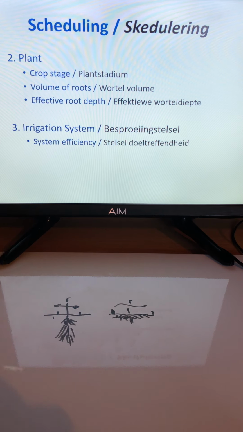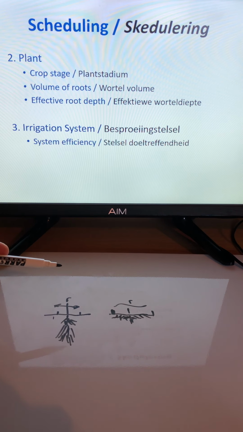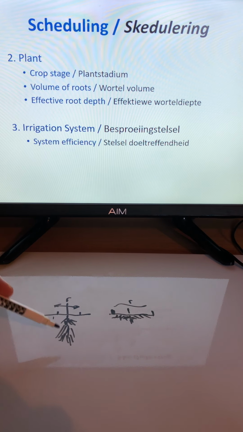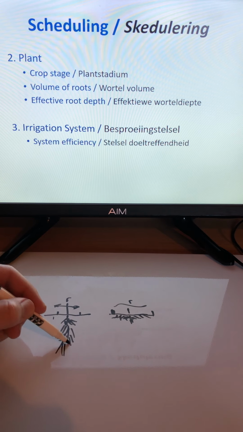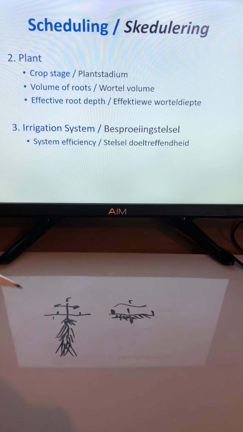So if I can still use these two, so when you've got this kind of root system that's really thick or that's really deep, you require a long period, so a long duration of irrigation in order to effectively reach the bottom.